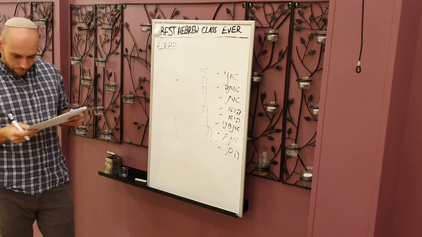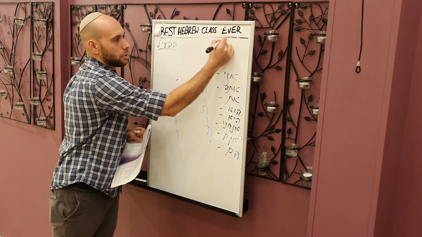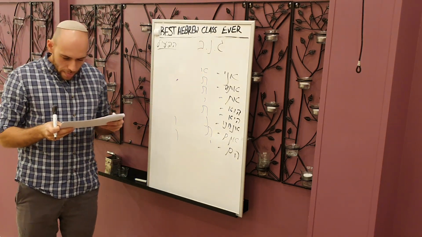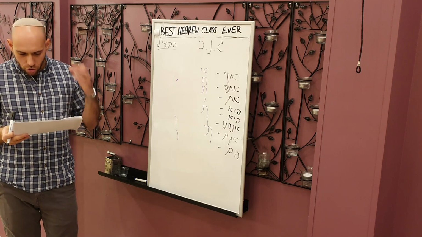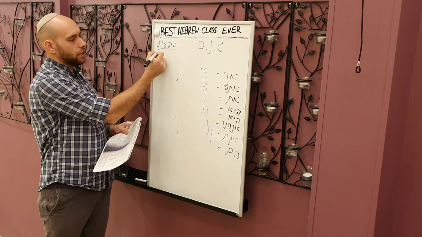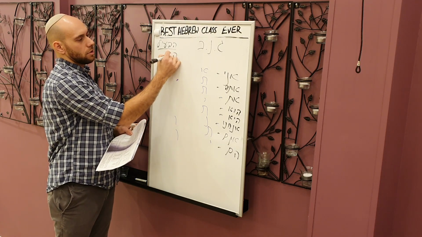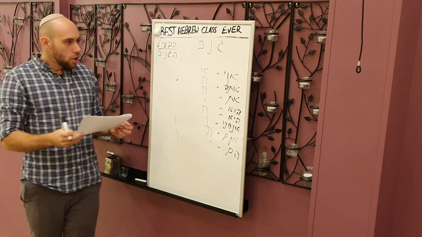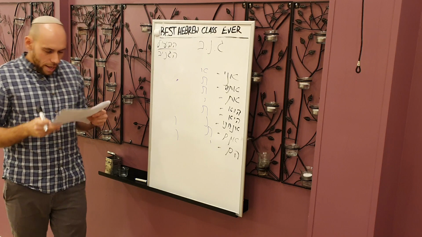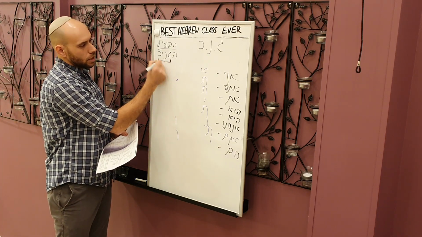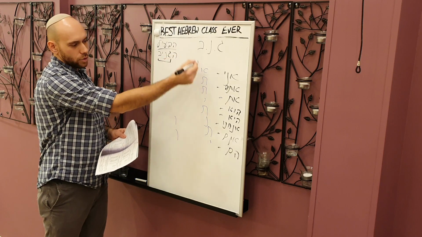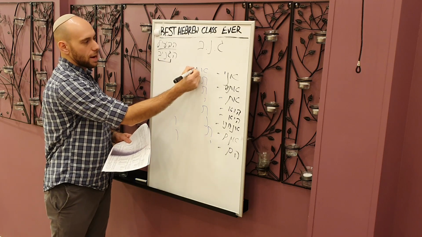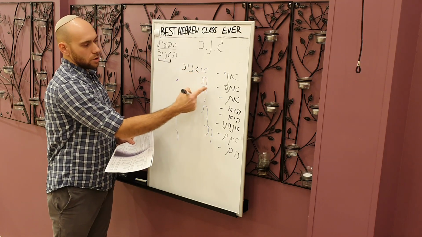Here the root is going to be Ganav. The way I've always thought of this one is, in the past tense it will be Higniv. That's just the form of it, Higniv, in the past. So you just take that same form, and just like you have the gniv here, you replace the Hey with these prefixes, like you do for all the other ones. But this is the real form of it, the gniv. So it would be Agniv.